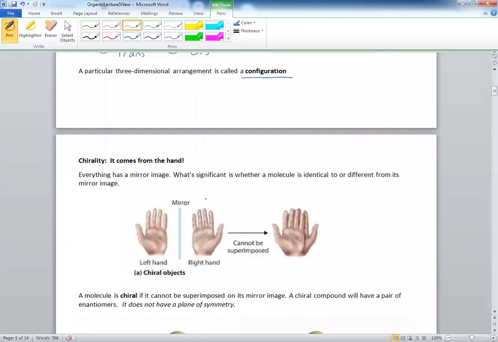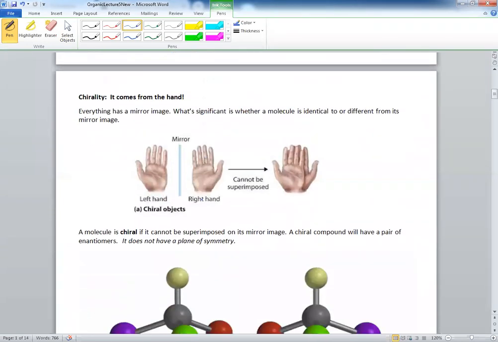So where does this idea come from? Quickly, it comes from the Greek word cheir, which means hand. And it really comes from the hand. Your hands are mirror images of each other, your left hand and your right hand. You can take them right now and try to simply compare them.